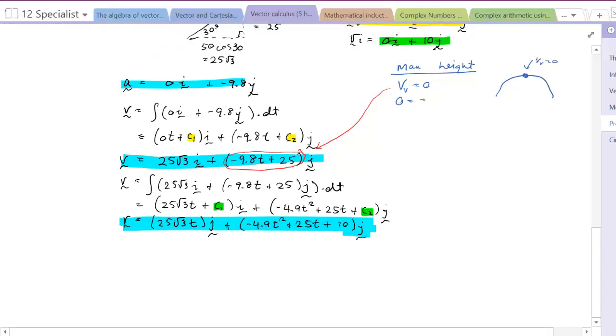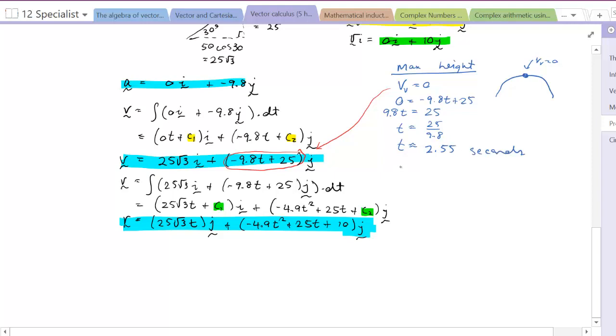So 0 is equal to negative 9.8t plus 25, which is 9.8t is equal to 25, and t is equal to 25 on 9.8. And that will be approximately 2.55 seconds.